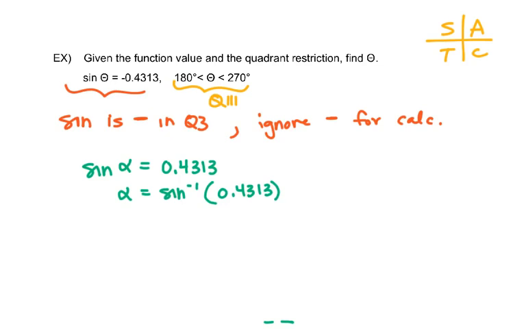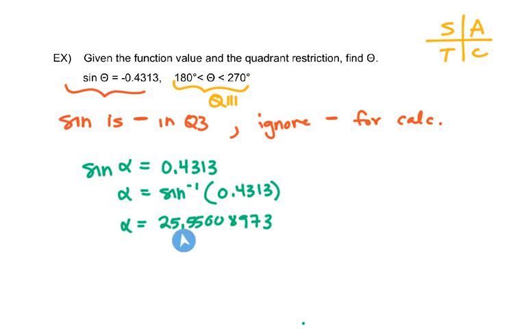Typing that directly into my calculator, I get that alpha, and make sure you're in degree mode, is 25.55008973. So this is an acute angle of roughly 25.5 degrees.